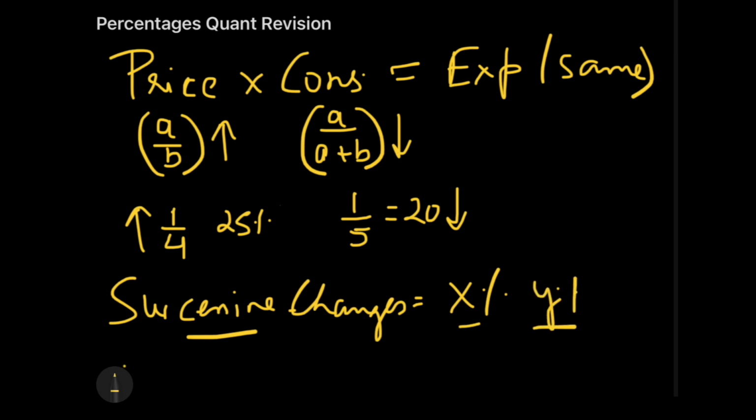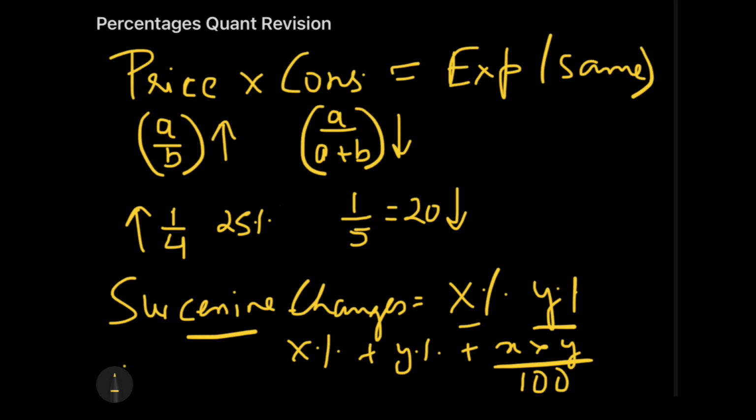So there were two increases. What will be the overall change? It's a very easy formula: X percent plus Y percent plus X into Y by 100. You must be using it in successive discount formulas also.